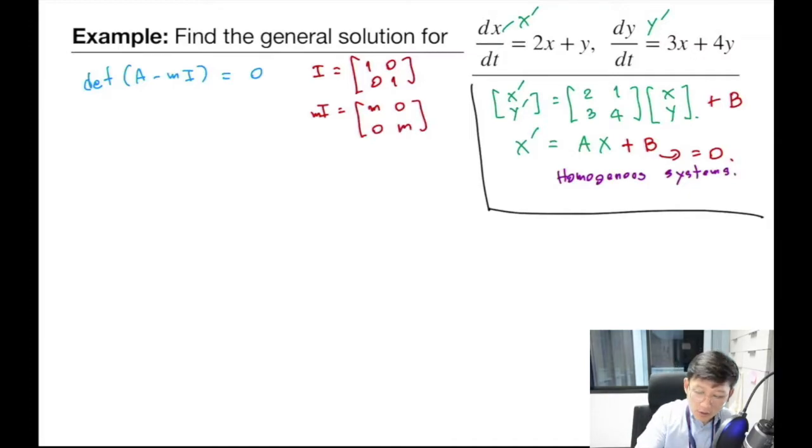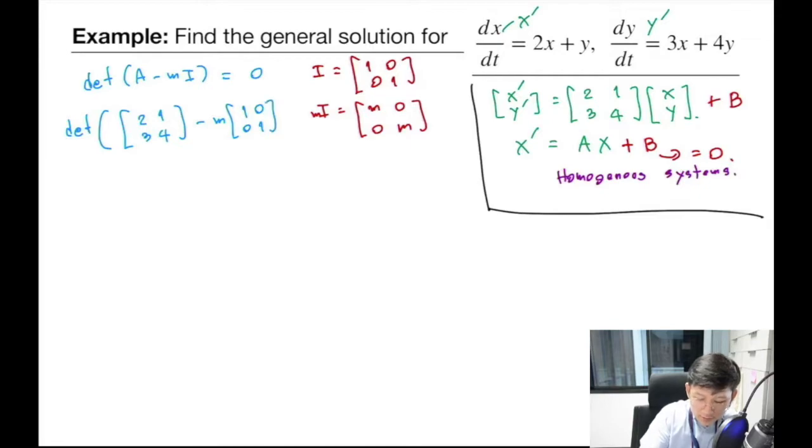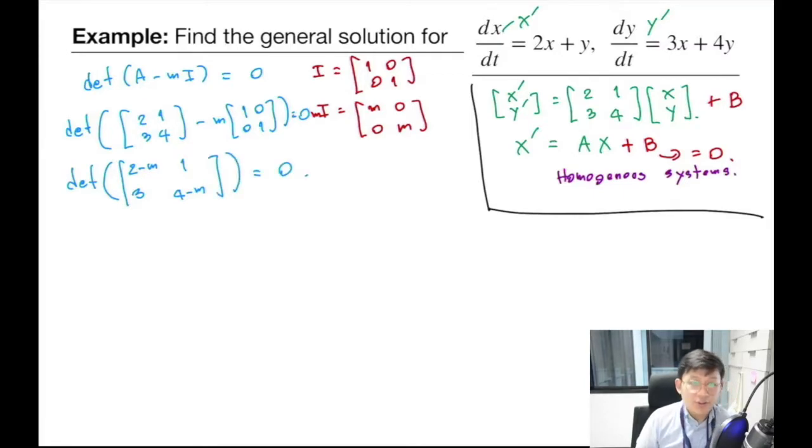Okay, so that would be the determinant of A, which is [2 1; 3 4], minus M times [1 0; 0 1], equals 0. That is the determinant of [2 minus M, 1; 3, 4 minus M] equals 0.